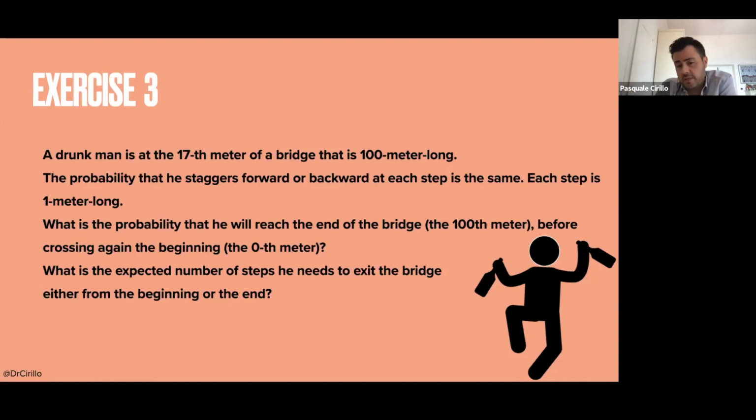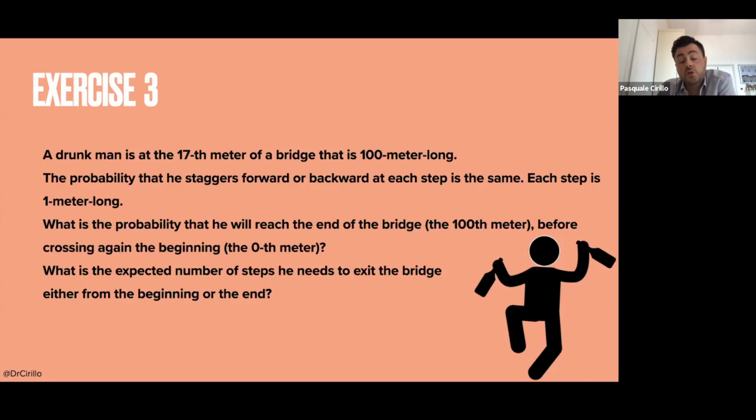Now, this type of exercise can be solved in the same way, because what is important for us to notice is that we have a state space that goes from 0 to 100. Each single i represents one of the meters, so meter 0, meter 1, 2, 3, 4, 5, 6, 17 is where the guy is at the moment, up to 100. And we can check what is the probability of jumping from one state to the other.